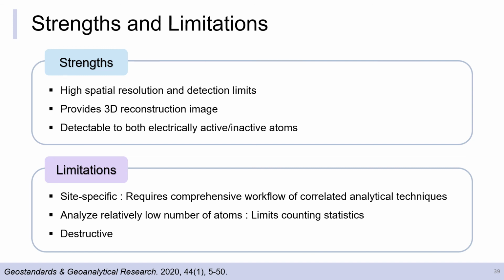In other words, while collecting a large data set, the smaller change due to sample stability can affect the accuracy more seriously in APT than in other techniques. Lastly, it is destructive. Because the sample is evaporated during APT, it cannot be used again.